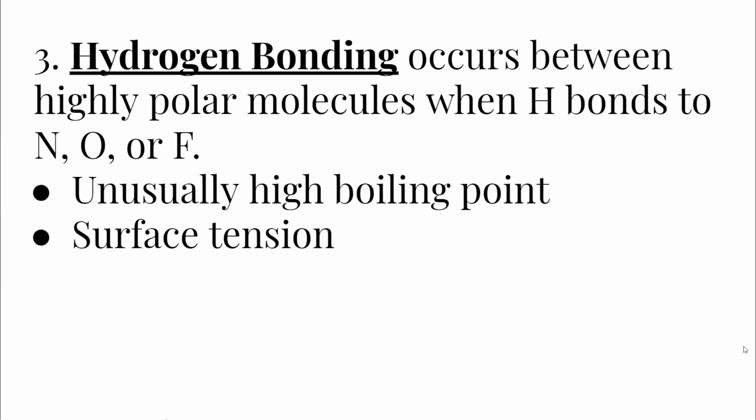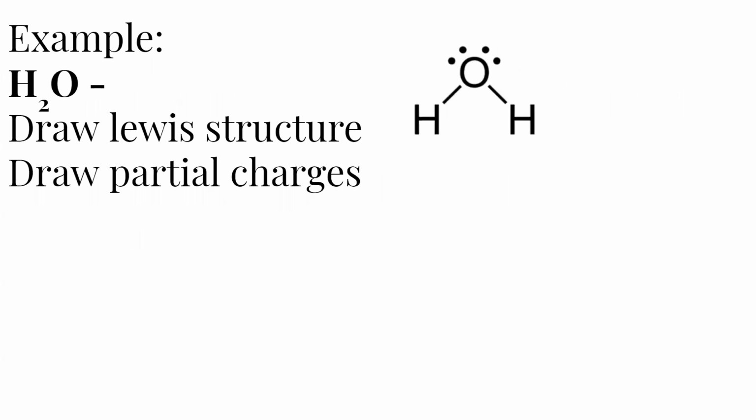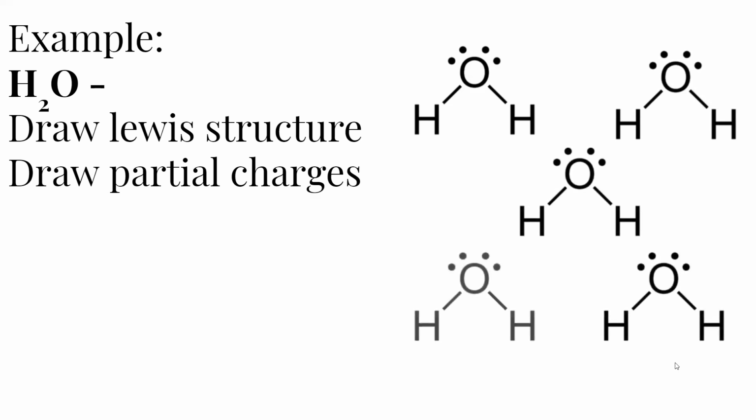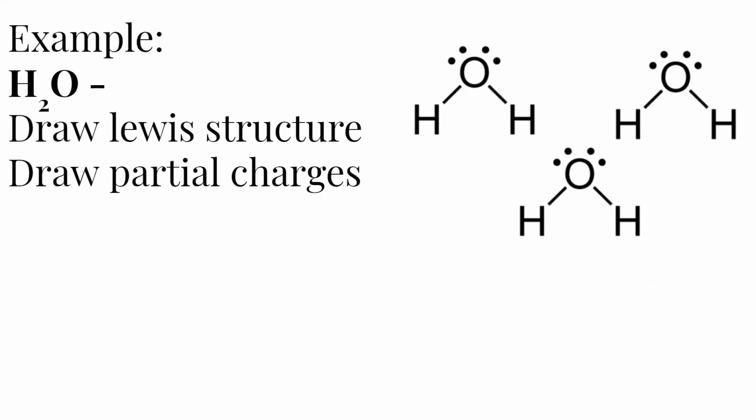Let's go over to, let's see. Okay, so you're gonna draw this not on your blue paper, you're gonna draw this just underneath where it has the example. Okay, I want you guys to draw 3 water molecules.